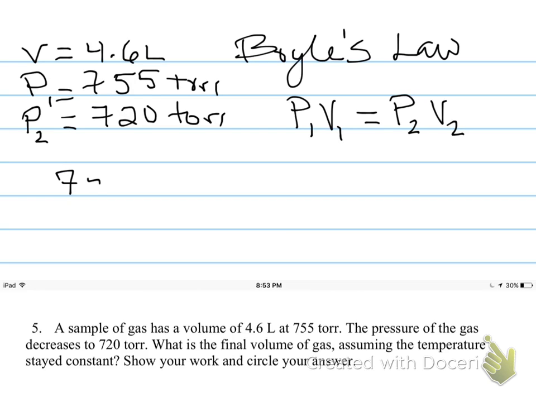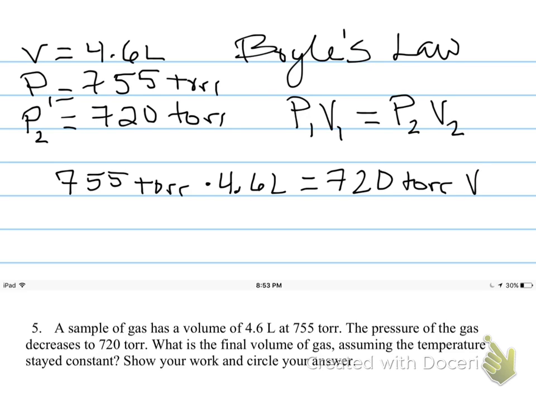So 755 torr times the initial volume equals the new pressure times the volume I'm looking for. Okay, and so we end up dividing both sides by 720 torr, and so that's what I meant about torr canceling.